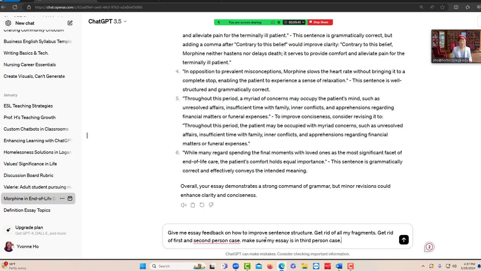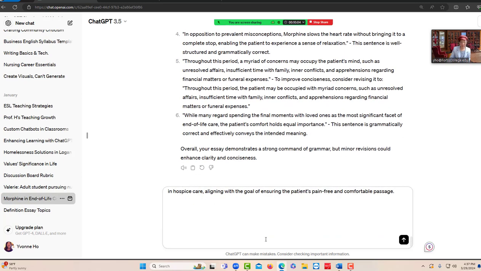I always tell my students that if you want to have a professional tone, you have to write your essay in third person case. And so instead of having to manually take out I, my, you, us, me, and you and your by yourself using the find and replace on your Microsoft Word, instead you just tell ChatGPT to do it for you.